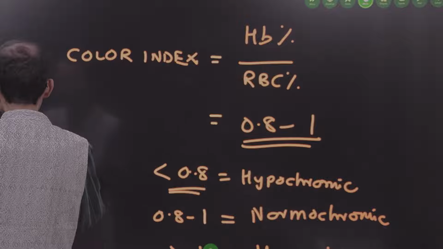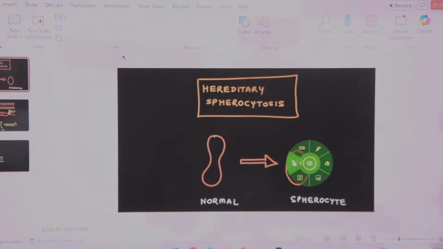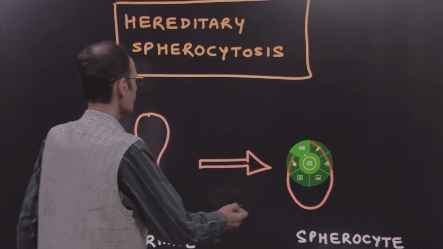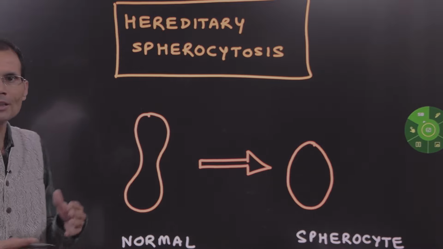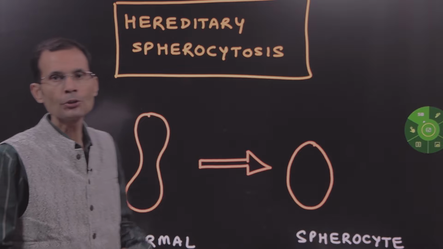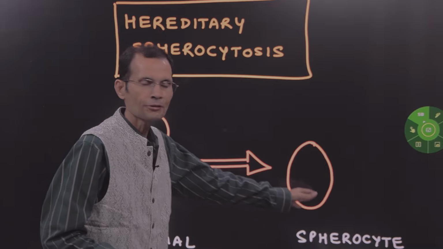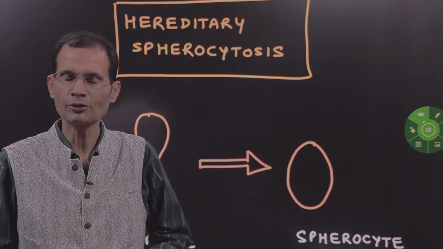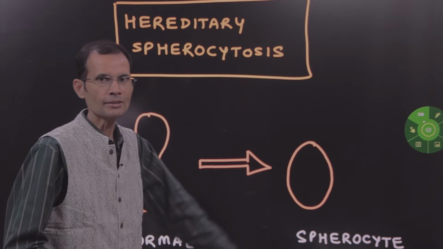So with this background, now let's understand something about hereditary spherocytosis. First of all, RBC is normally biconcave shaped, and due to mutation of some protein in the RBC membrane, it becomes sphere shaped. This condition is called spherocytosis.